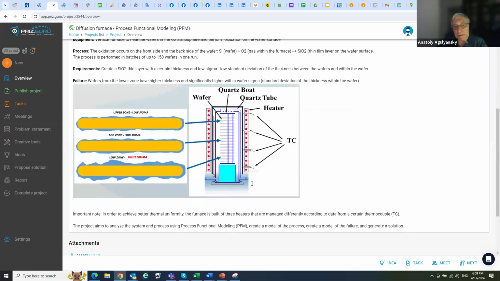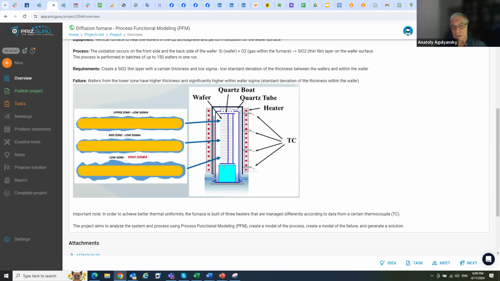The typical root cause, a typical engineer says, is that this is a problem related to the flange, which gives us this problem with thermal conditions in the bottom of the furnace.